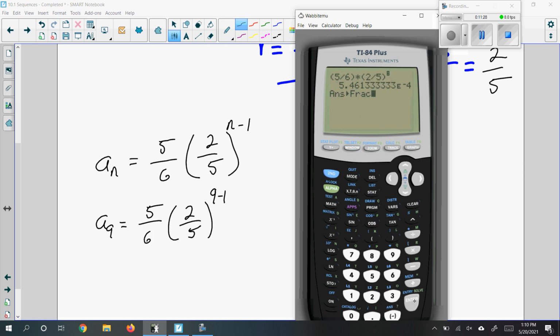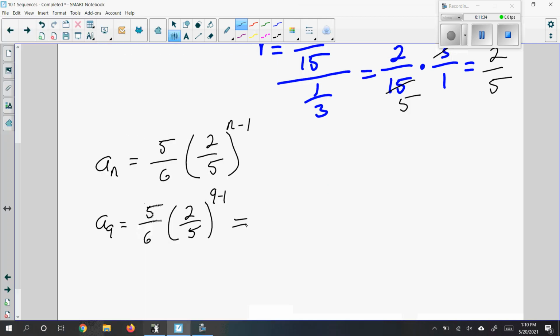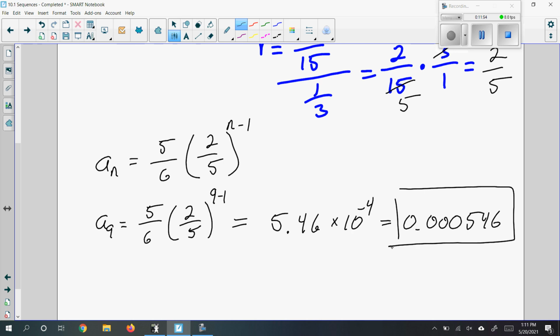Now, if I try to change this back into a fraction, your calculator can't do it. What is that? 4.6 times 10 to the -4th. In other words, it's 0.000546. And so there's your answer.